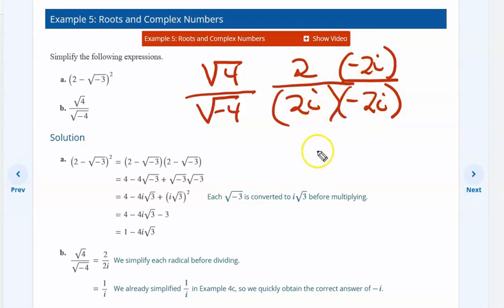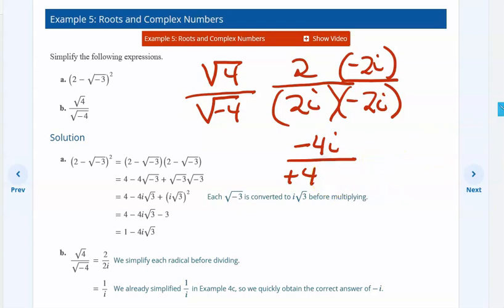So this numerator now becomes a negative 4i. Our denominator becomes a negative 4i squared. But we know i squared is a negative 1. So our denominator just becomes a positive 4. Let's erase that.